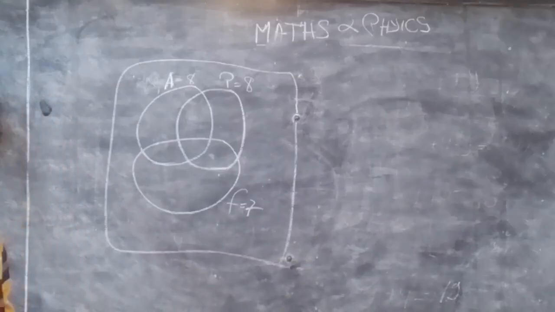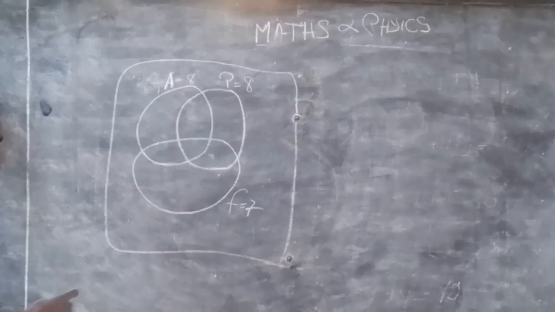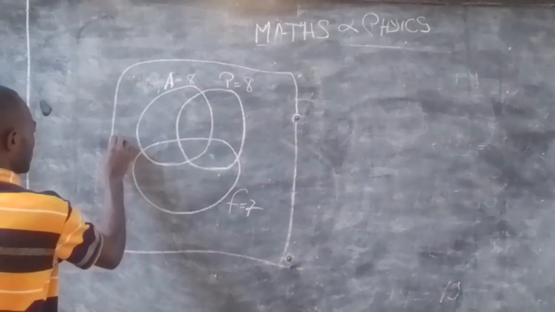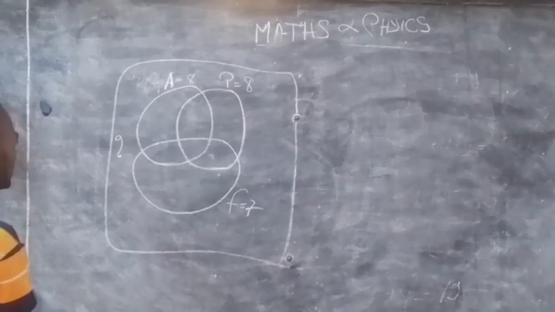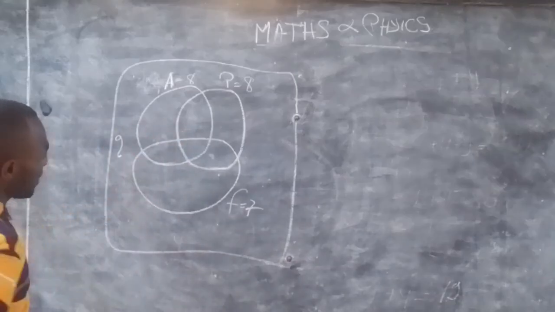And also, as we have said in the previous explanations, we have talked about what is called the complements. Here we have a complement. This complement does not belong in any subset among the three we have here.